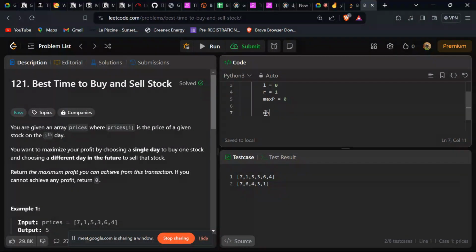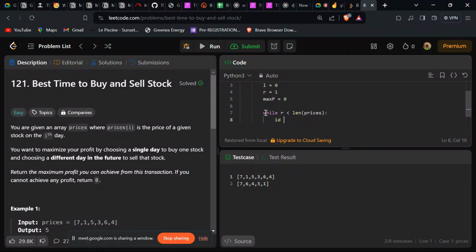Somebody is talking. So while r, which is the right pointer, is less than the length of the prices. All right. So let's get through our first statement.